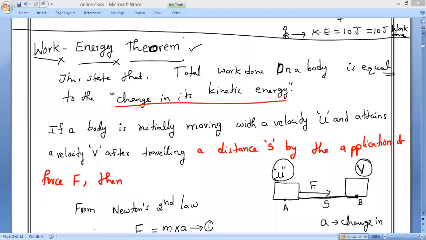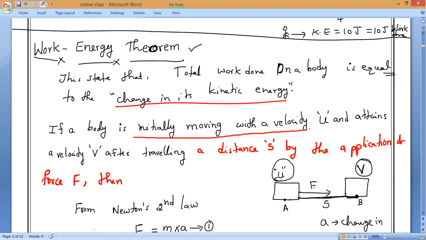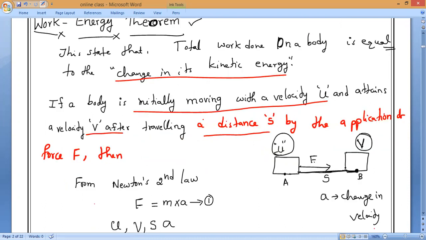The body already has some velocity u. Due to the applied force, the velocity changes to v after traveling a certain distance. That is what you have to remember. Solve it, everybody.